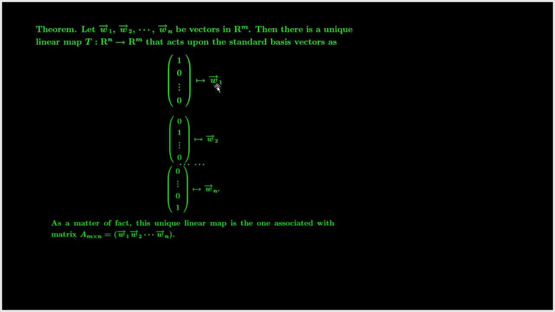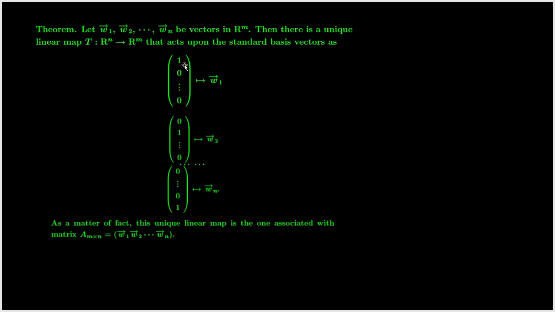You look at these. These are the outputs of the standard basis vectors. Now listen to me carefully. The idea is that as long as you know the outputs of all standard basis vectors, then there's a linear map determined by those outputs.